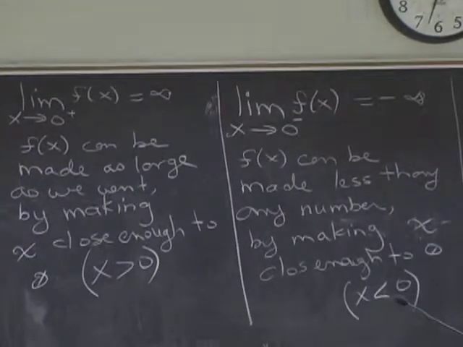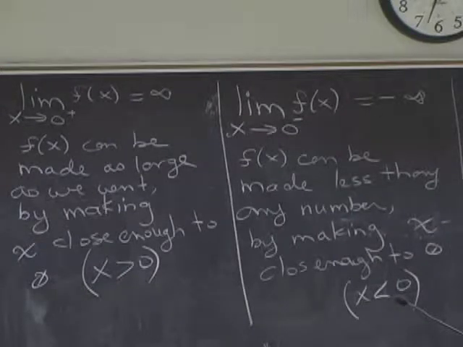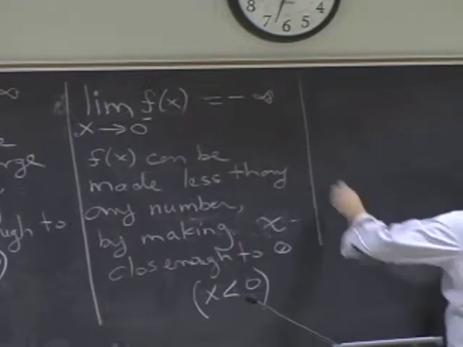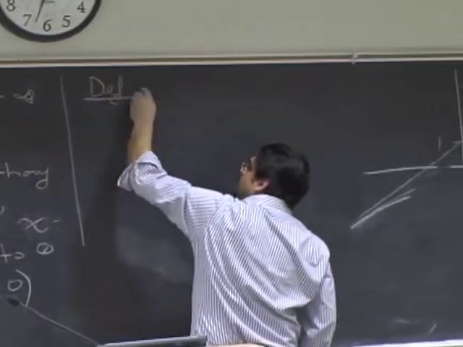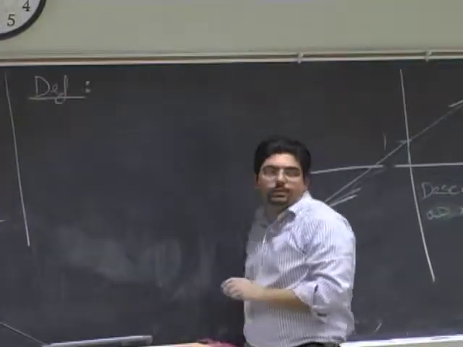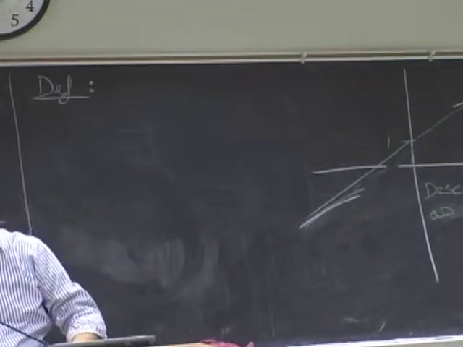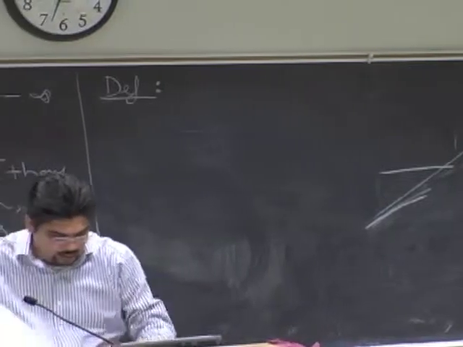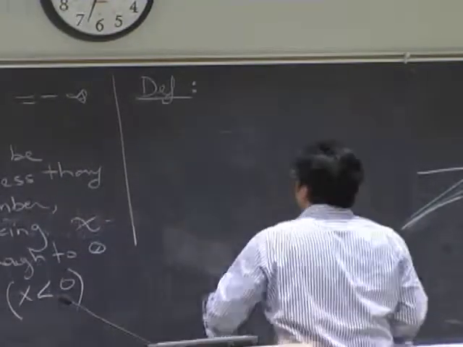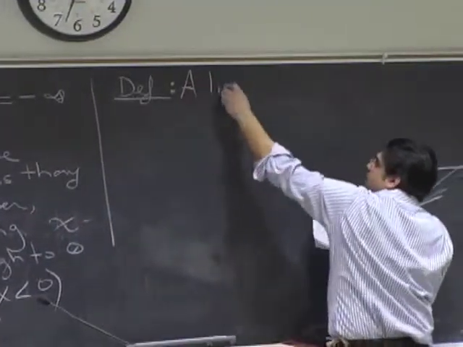Infinite limits have a very close relationship with the graph, and we can define something called a vertical asymptote and relate infinite limits to those. So here's the definition for a vertical asymptote.